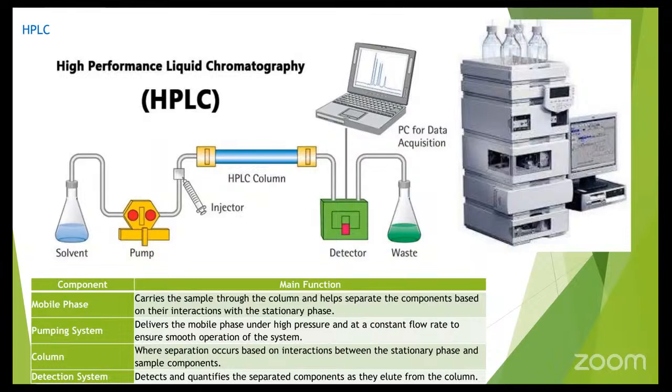And the mobile phase also differs. The percentage of the mobile phase also differs. The solvents also differ based on the compounds, or the pesticides, or any other vitamins. Based on that, you have to change the mobile phase, the column, and the flow rate. You have to check where the peak you are getting, because the retention time is also important for this, right?